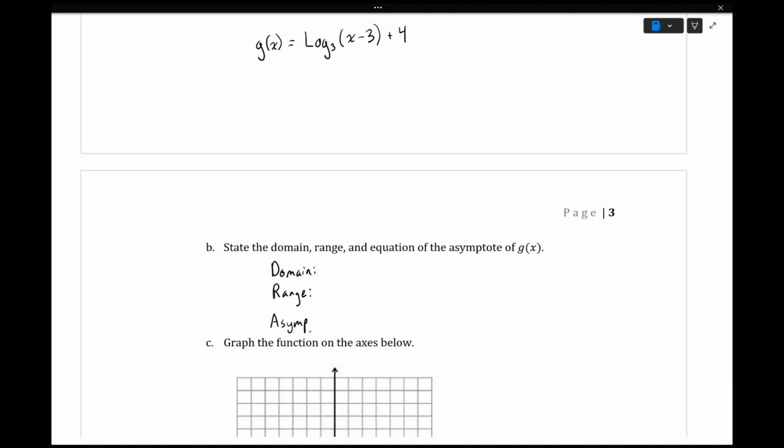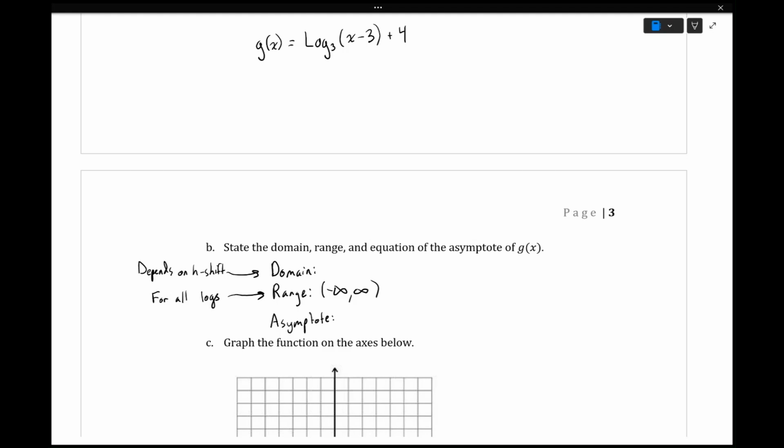Now, since logarithms are the inverse of the exponential, instead of their domain always being all real numbers, it's their range that's all real numbers, because it's the inverse. Now, the domain depends on the horizontal shift. Well, how far was I shifted?